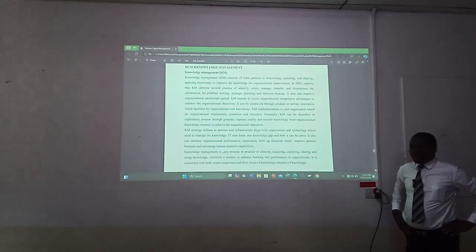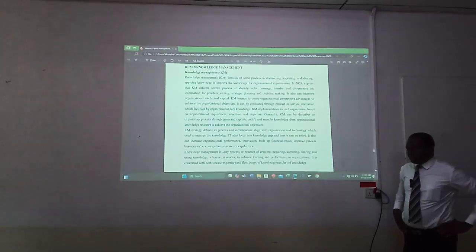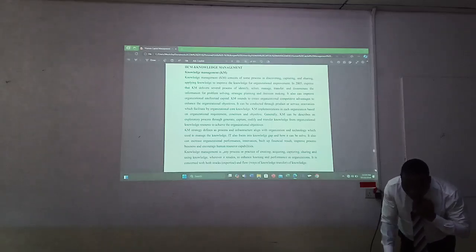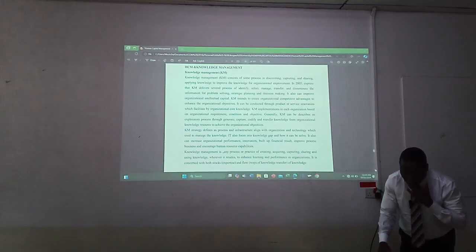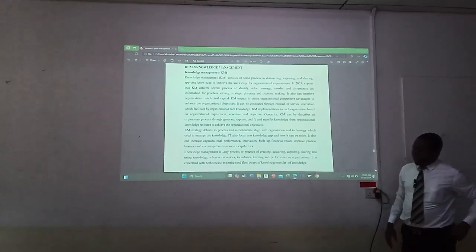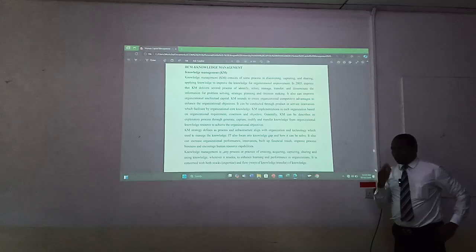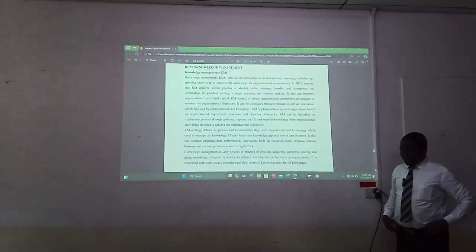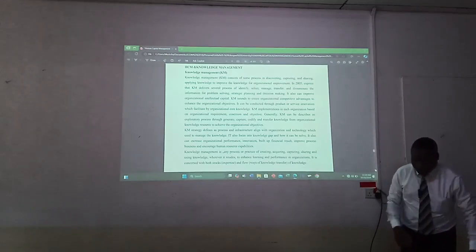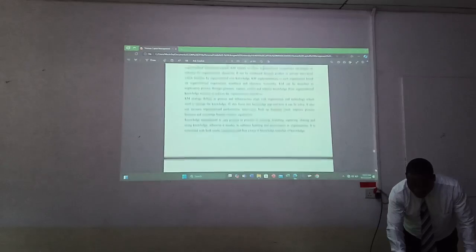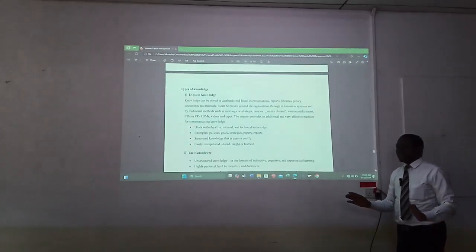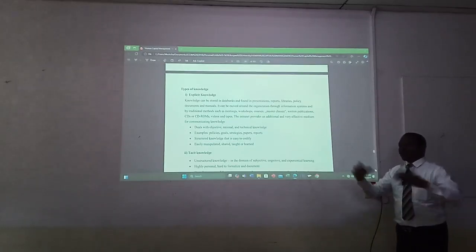Okay, so we'll talk about knowledge management. When we talk about knowledge management, it consists of some processes in recovering, capturing, sharing, and applying knowledge to improve the organization. In short, there are 2 types of knowledge. There's what we call explicit knowledge and tacit knowledge. Okay? So the explicit knowledge is the knowledge for the group or for the company.